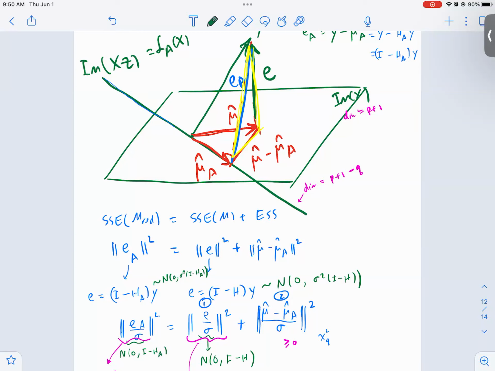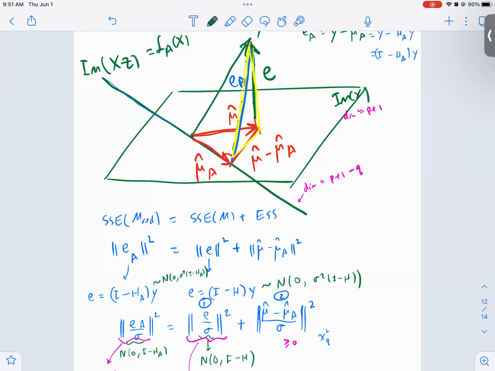So the SSE of the reduced model, which is the norm of E_A squared, is the SSE of the full model, norm of E squared, plus the extra sum of squares. This has a lot of statistical intuition packed into it. The variance unexplained by the reduced model can be decomposed into the variance unexplained by the full model plus the part that's picked up by the full model over the reduced model.